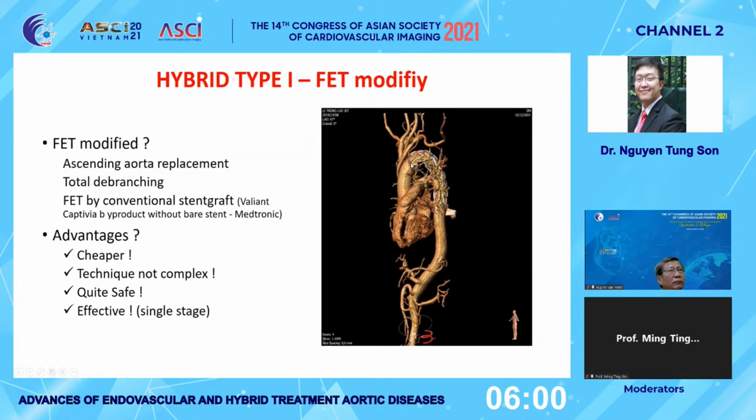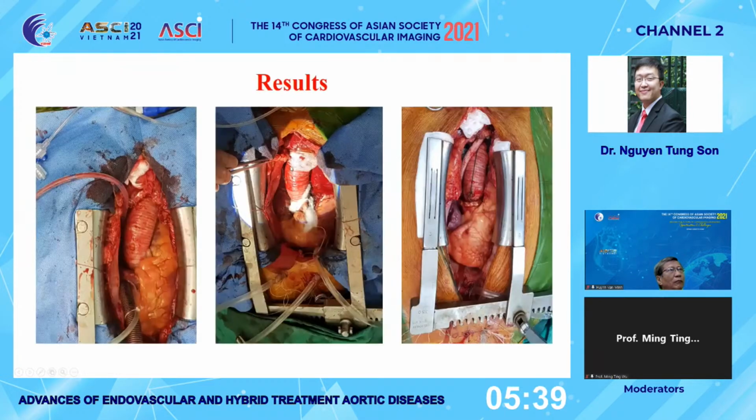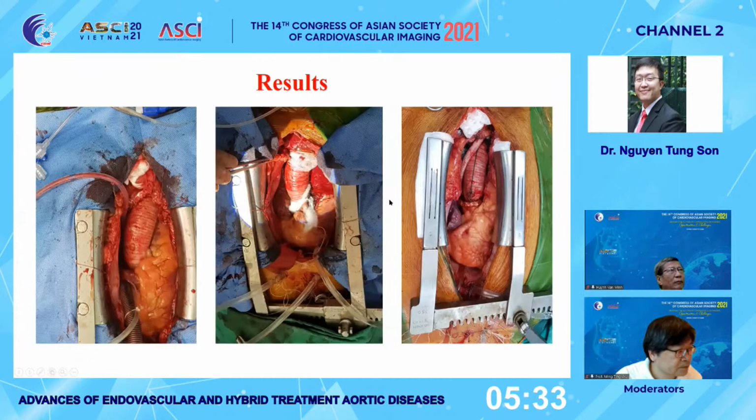And after that, the cervical and sternotomy approach is advanced, it is cheaper, and the technique is not complex, quite safe, effective, and sometimes I can do it in the operation, not requiring the CPB. And as a result, you have a total replacement of the ascending aorta and the branching, and put the stent inside.